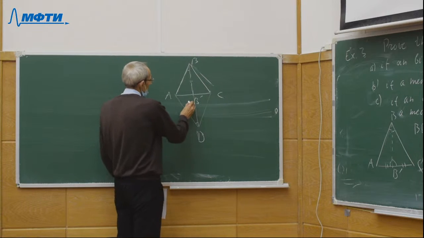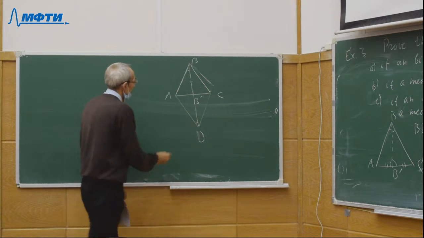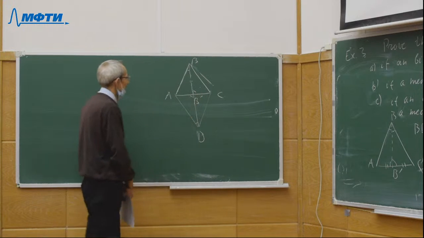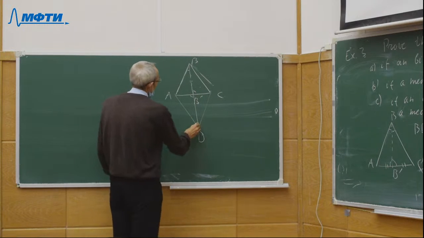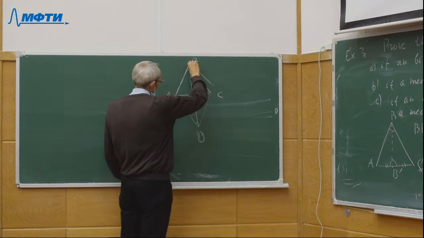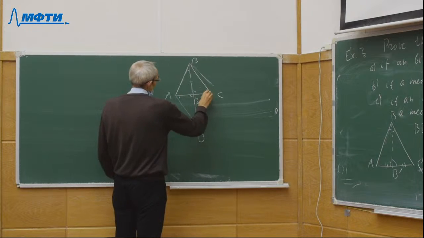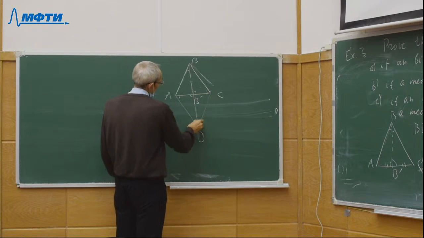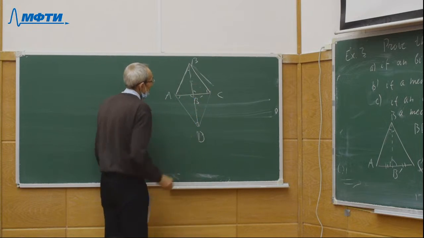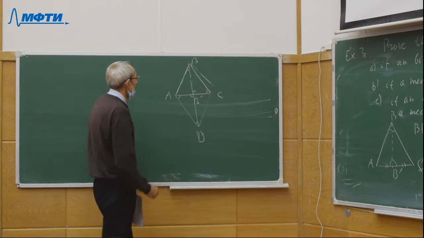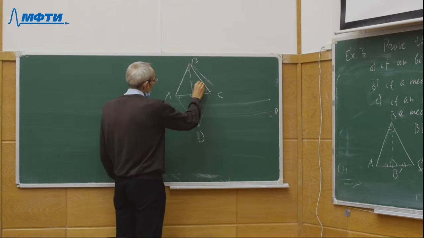Let's compare this triangle and this triangle. These angles are equal. This angle equals this and equals this. This angle also equal and this angle also equal. These sides also equal. And we have that this triangle equals this triangle.